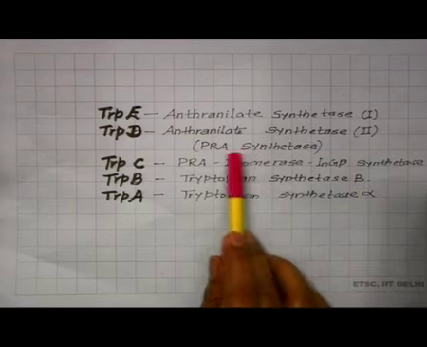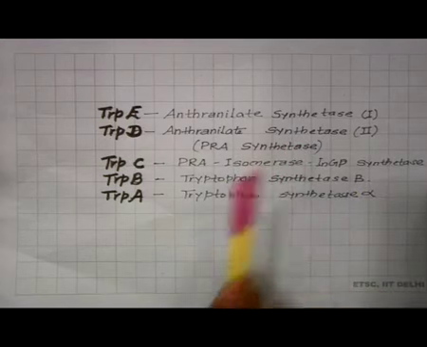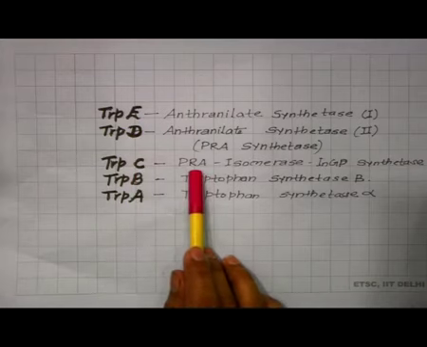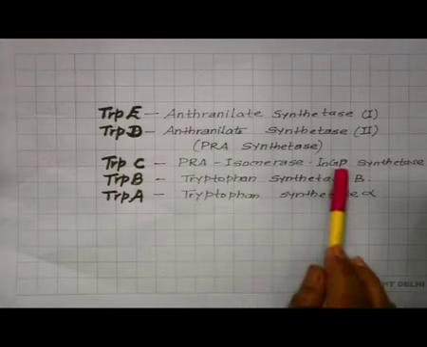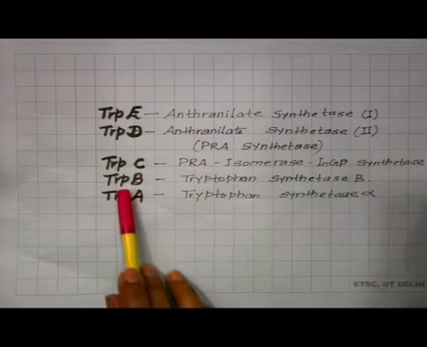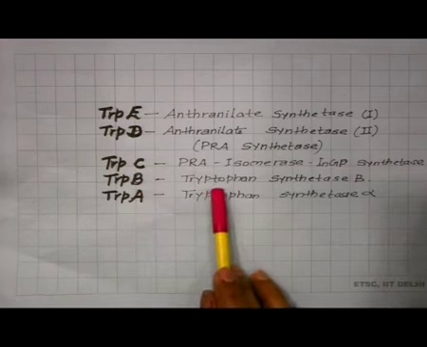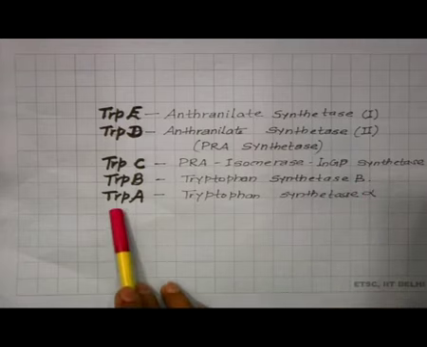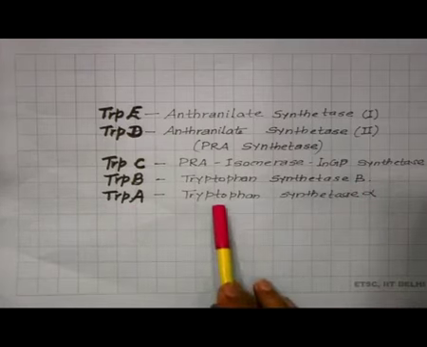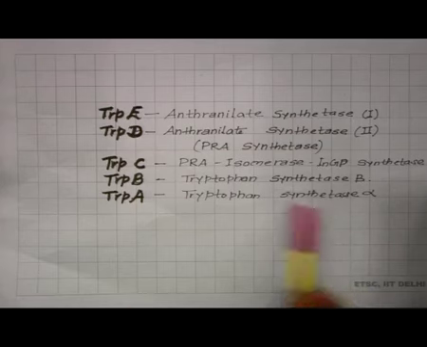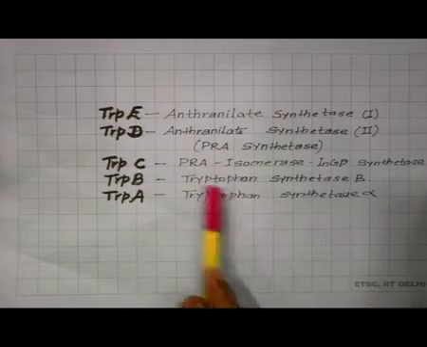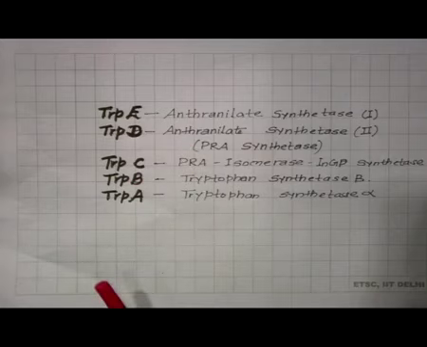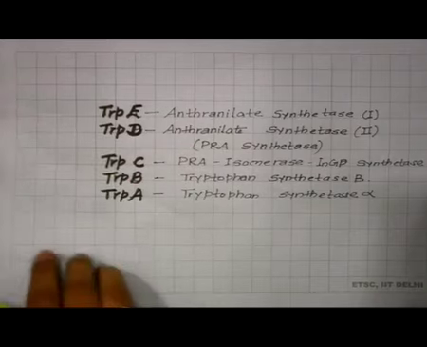It is also known as PRA transferase. TRPC will synthesize PRA isomerase and InGP synthetase. TRPB will synthesize tryptophan synthetase beta. TRPA will synthesize tryptophan synthetase alpha. So, these are the enzymes synthesized by these genes, and these enzymes will help in the biosynthesis of tryptophan.